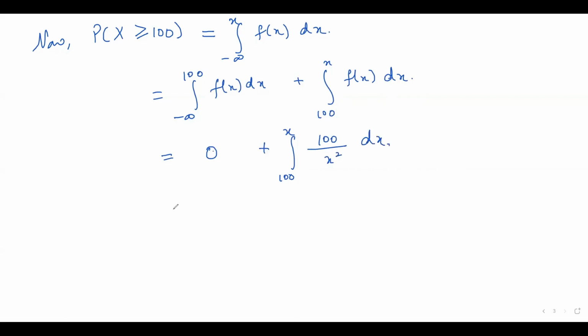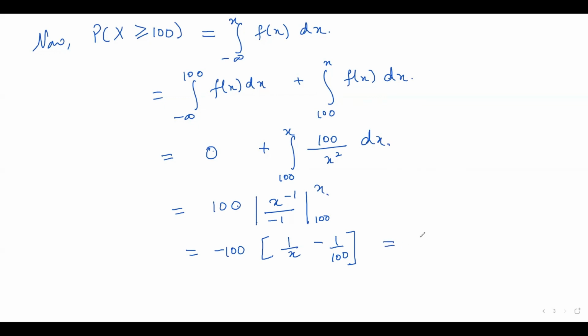From 100 to x, we'll be having f(x) as 100 upon x square dx, which is equal to, solving this, integrating 1 upon x square, I'll get the answer as minus 1 upon x. So from 100 to x, I am getting this as minus 1 upon x plus 1 upon 100. Solving this, I am getting the value as 1 minus 100 upon x.